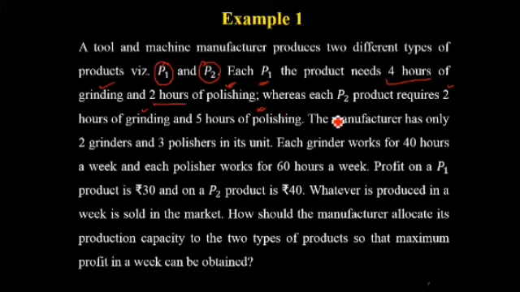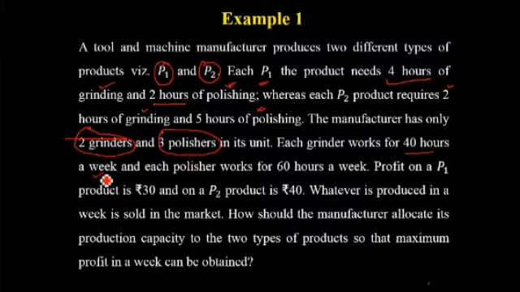Next, the manufacturer has only 2 grinders and 3 polishers. Here restrictions come in. We cannot go beyond that. Each grinder works 40 hours a week. This is another limitation.